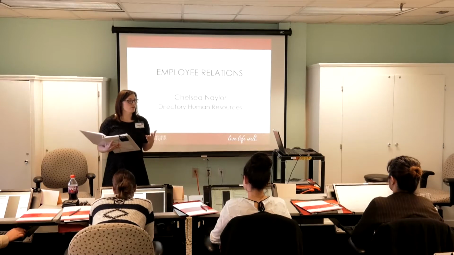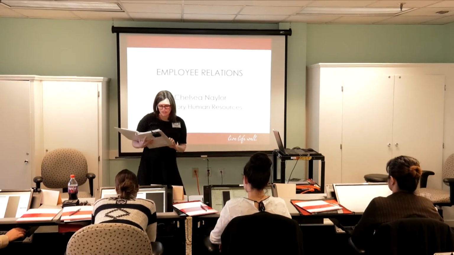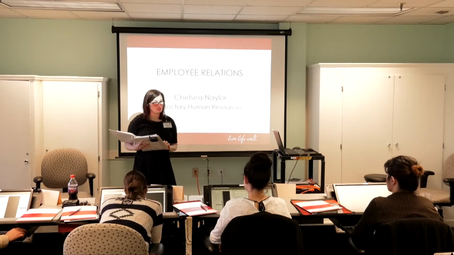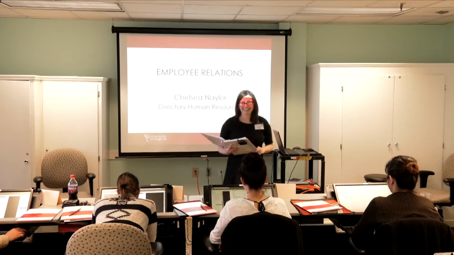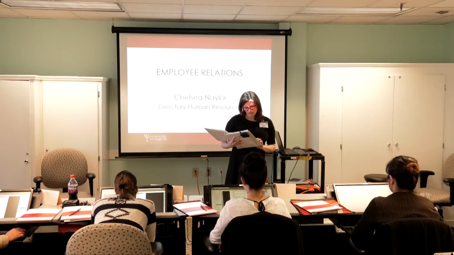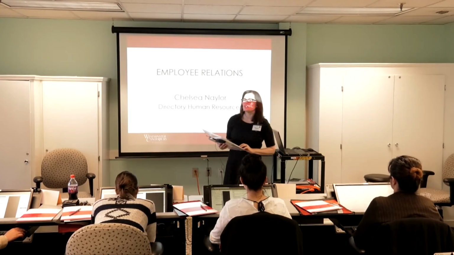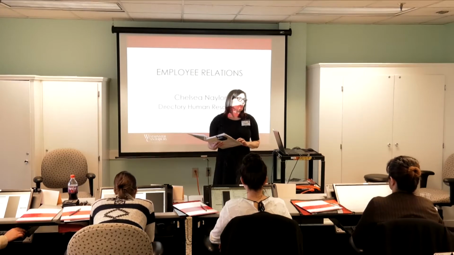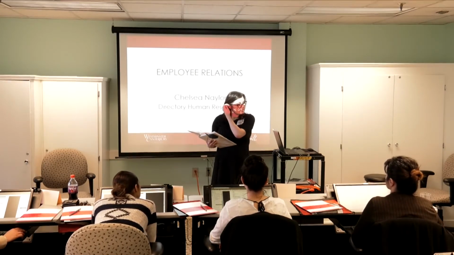Insubordination, so that's failure to follow the directive of a supervisor. Falsifying company documents or providing false information. It's a nice way of saying lying. Theft or misuse of company or resident property. Sleeping on the job. Possession of a weapon on work premises. And actually, that includes your car if it's parked on campus.